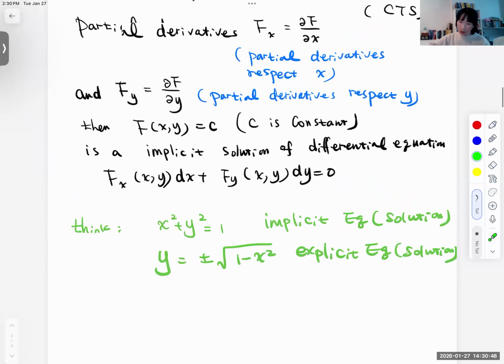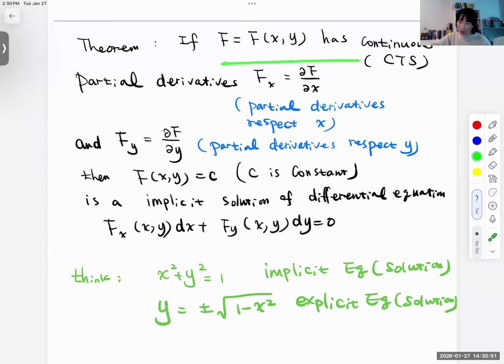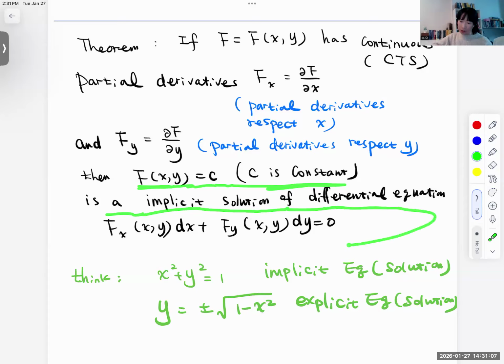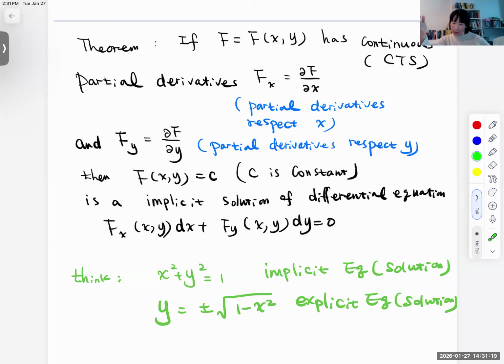Yeah, so look, we have whatever we said, and then I want to mention that the original function equal to c, which is a constant, is an implicit solution of the differential equation, and they are equal to 0, right? Okay, so let us make the original function equal to c is an implicit solution of that equation.